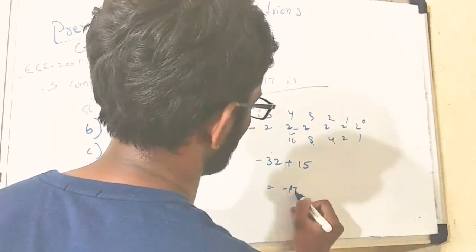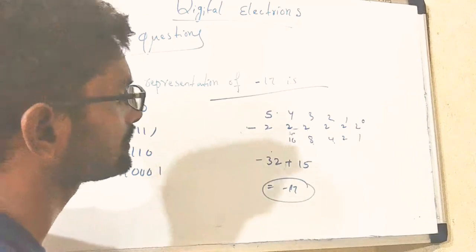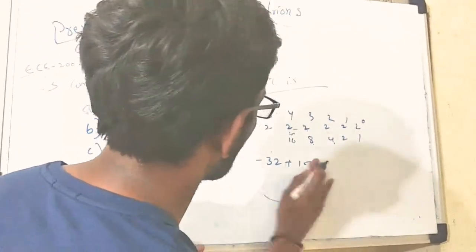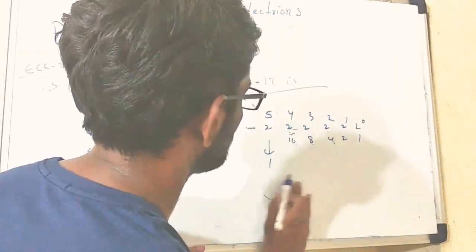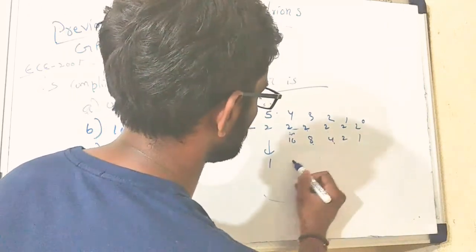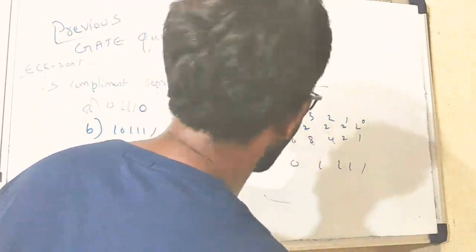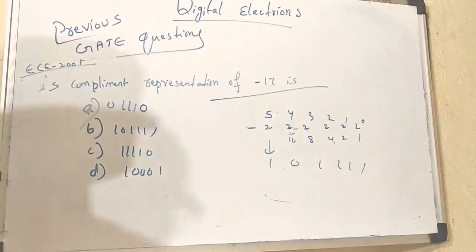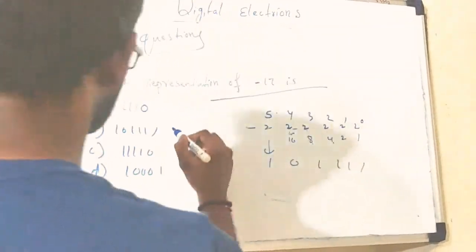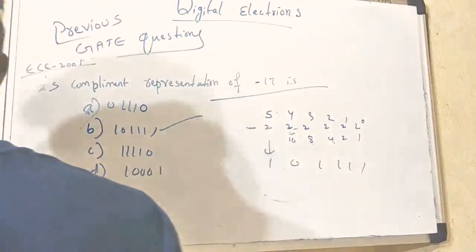I am getting this as minus 17. So the bits are 1, 1, 0, 1, 1. If I write it this way, we are getting minus 17. So the option here is B.